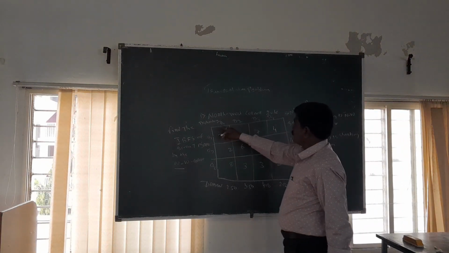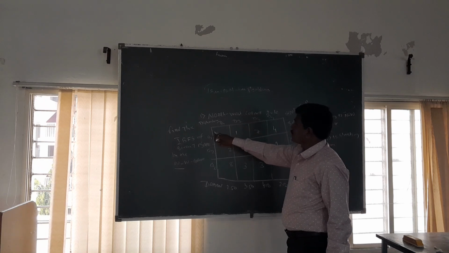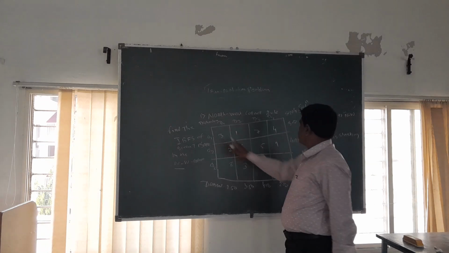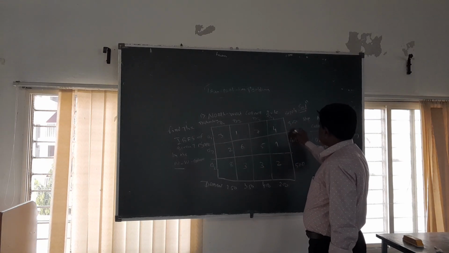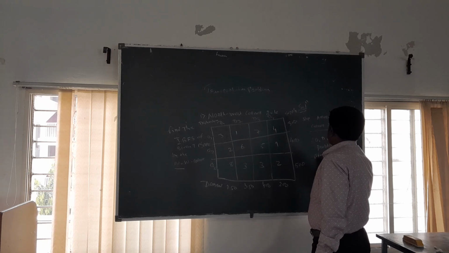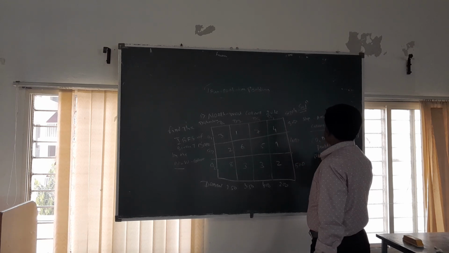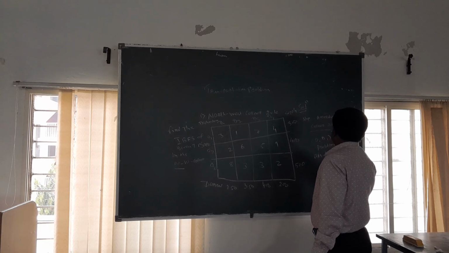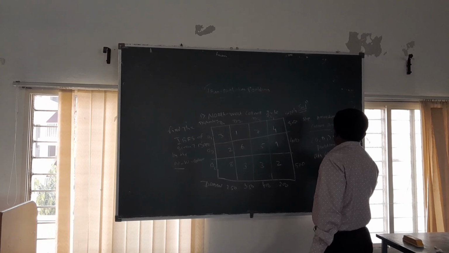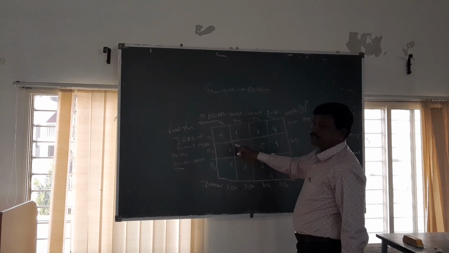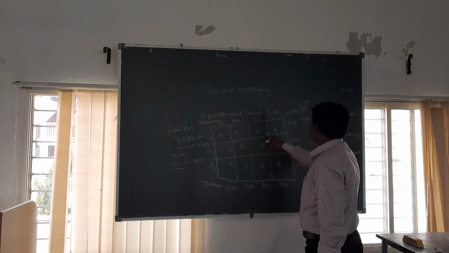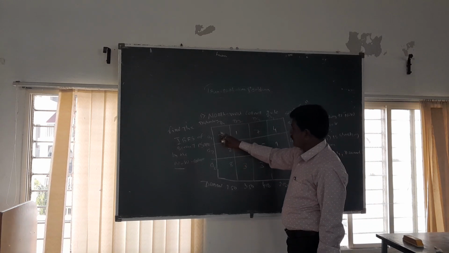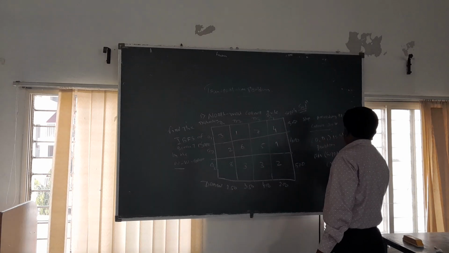In the northwest corner rule, we select the first corner, that is O1 D1, and take the minimum of supply or demand. The availability at the source O1 is 300 and the demand at the destination is 250.